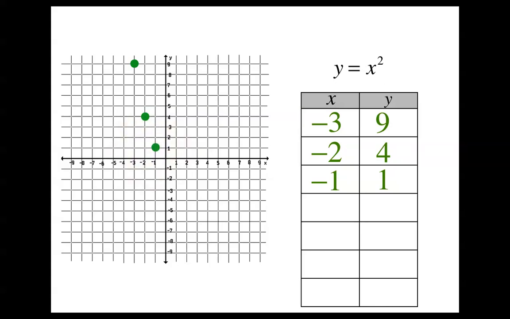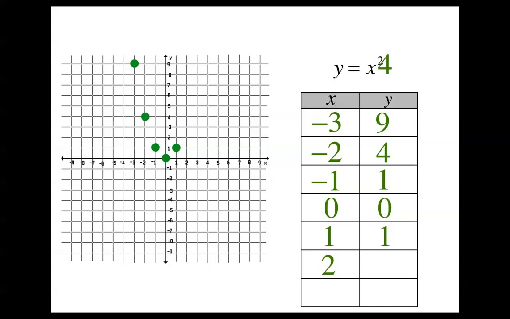It looks kind of linear, maybe? Let's try 0. Oh, well 0 times 0 is still 0, right? So, okay, now it's not looking so linear anymore. Now, after this dot, you'll definitely know it's not linear, because if we plug in 1, what's 1 times 1? Yep, 1. And if I put a dot at 1, 1, oh, interesting. How about 2?